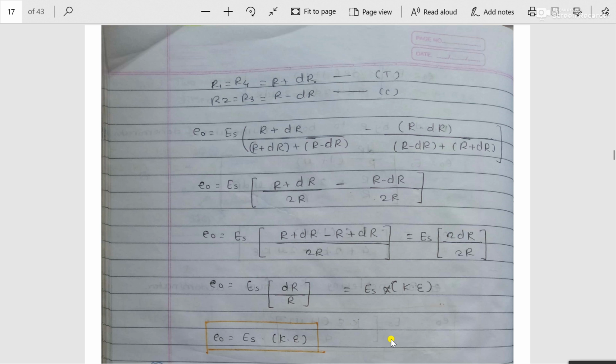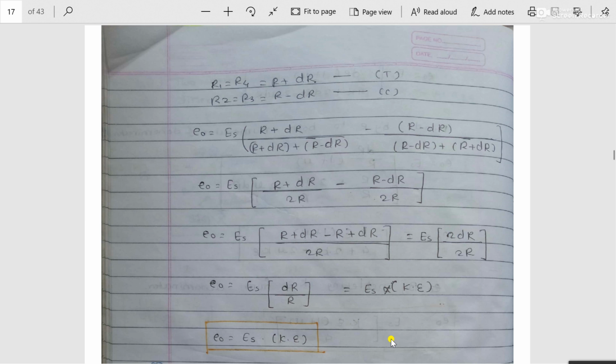And from all these 4 derivations, we can draw one conclusion: the output of the 2-arm sensitive bridge circuit is twice that of the single-arm sensitive bridge circuit, and the output of the 4-arm sensitive bridge circuit is twice that of the 2-arm sensitive bridge circuit.